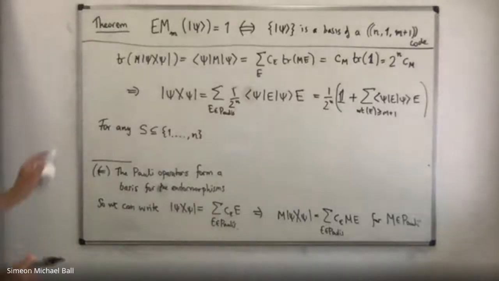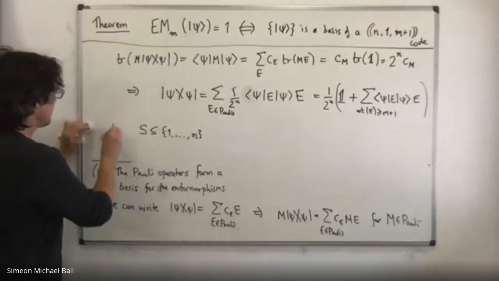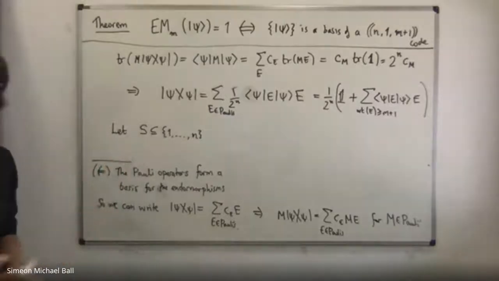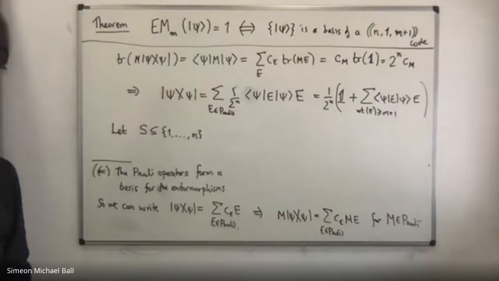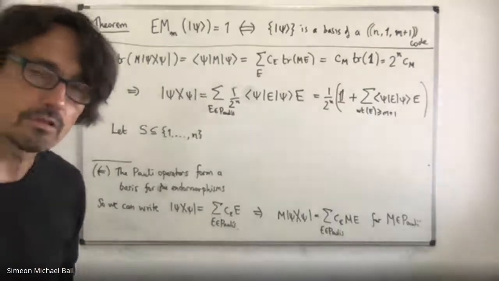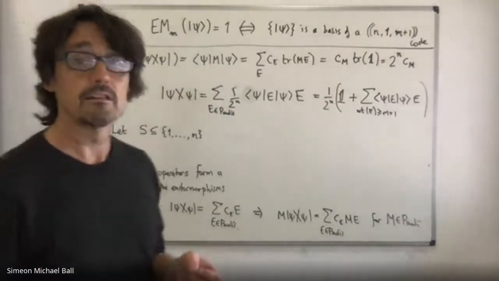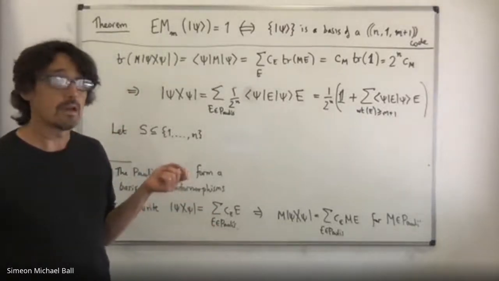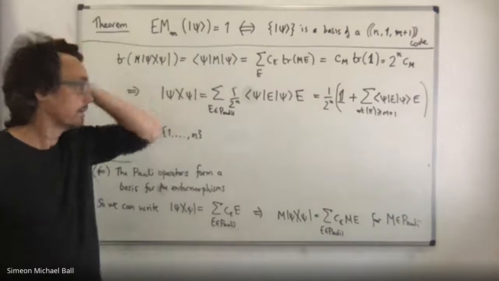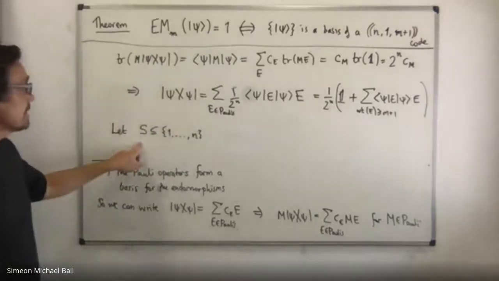So let S be a subset, and we need to prove that the linear entropy of the reduced density operator, goodness me, difficult to say, is going to be 1. So let's see if that's the case.